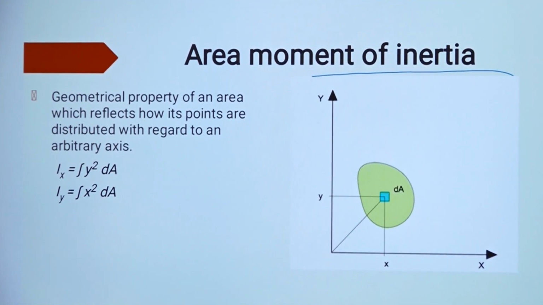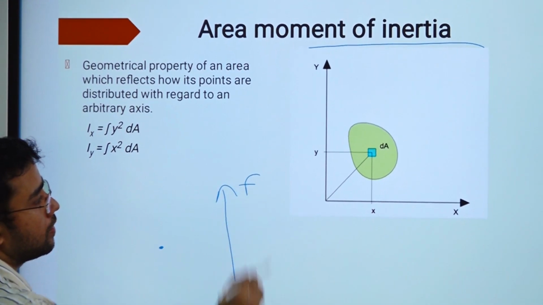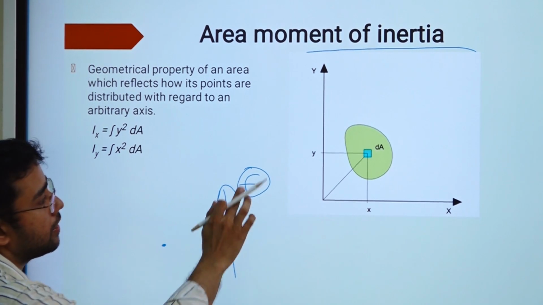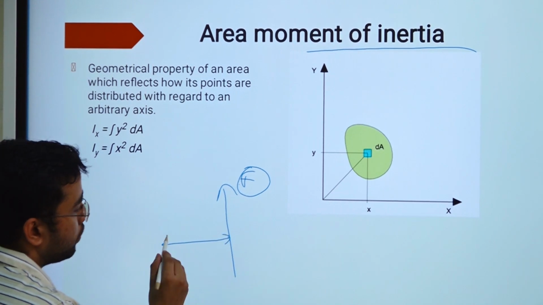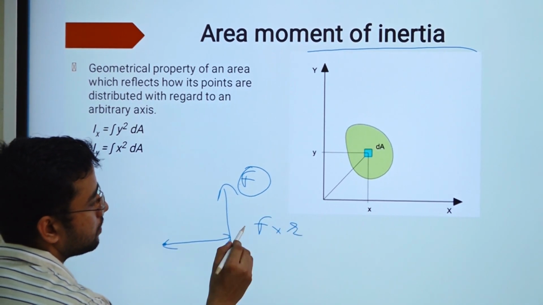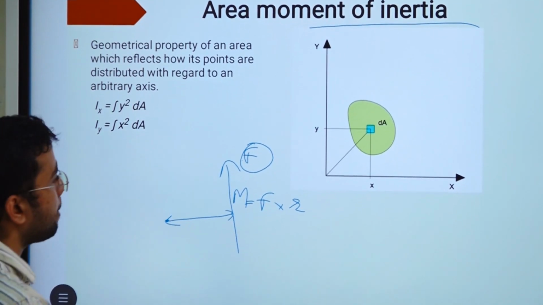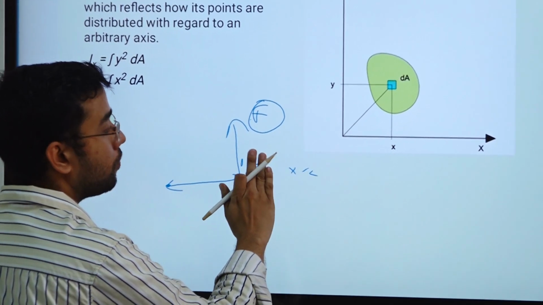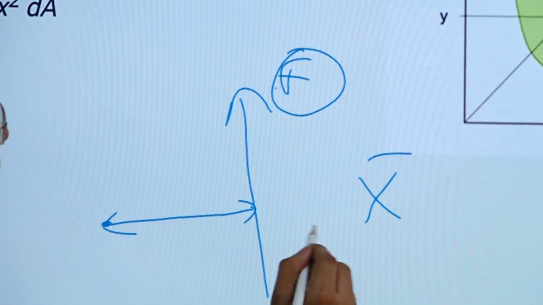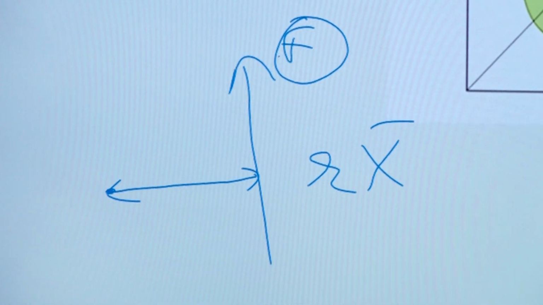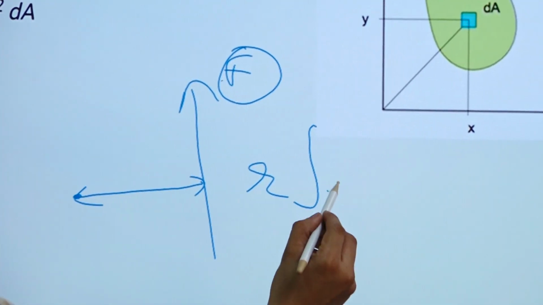What is the meaning of moment? Already I told you, suppose we have this point and a force is acting here. In place of this force we can have any vector. The force into the perpendicular distance will be the moment. So in area moment of inertia, in place of force what will come? First moment is nothing but x bar into A, or in place of x bar you can write x dA.